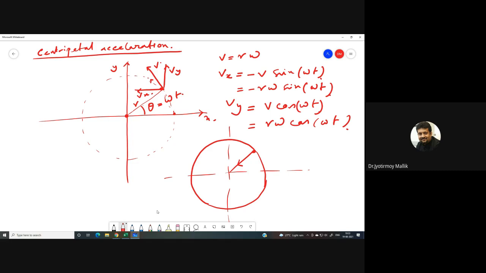It is directed inward. Suppose the centripetal acceleration is a, and it has two components, ax and ay.